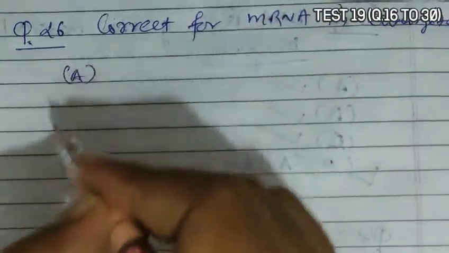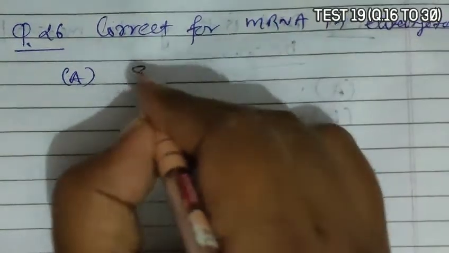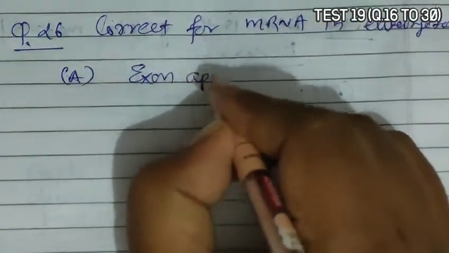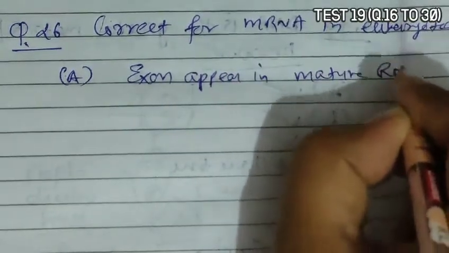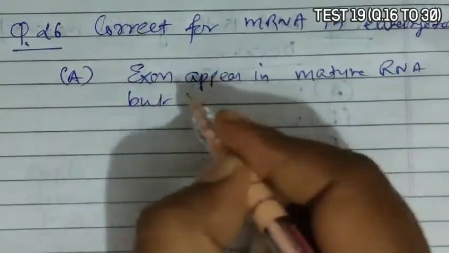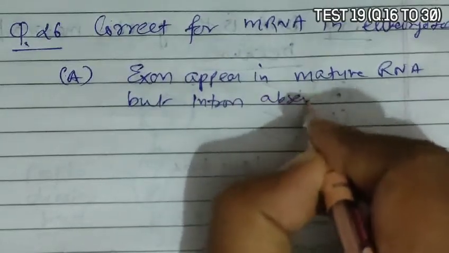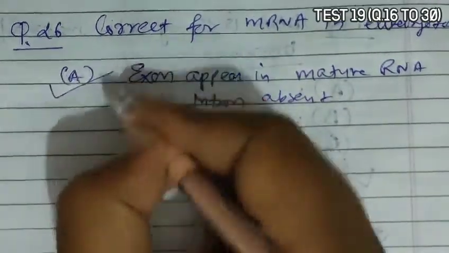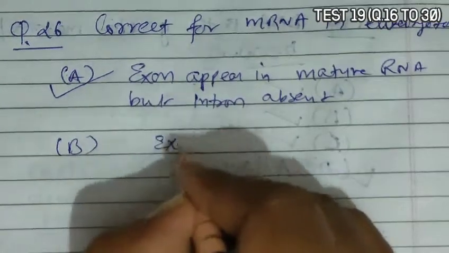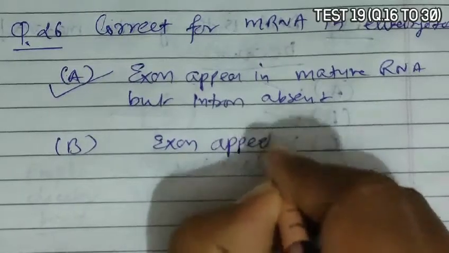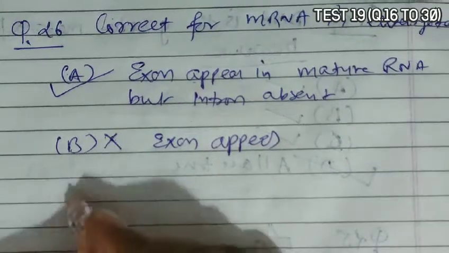Option A says exon appear in mature RNA, but intron do not appear, so it is correct. Option B, exon and intron do not appear in mature RNA. Exon appear, intron do not appear, so it is an incorrect statement.